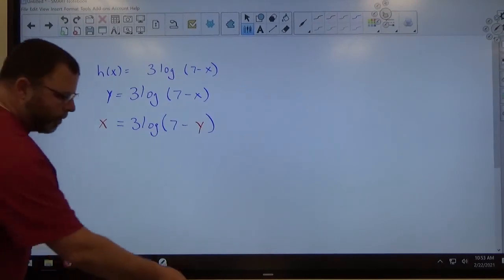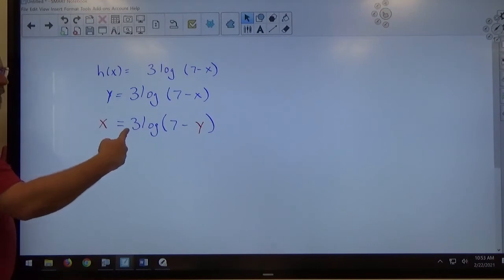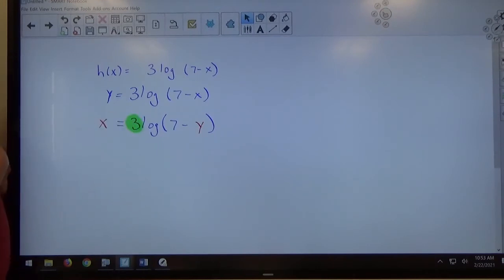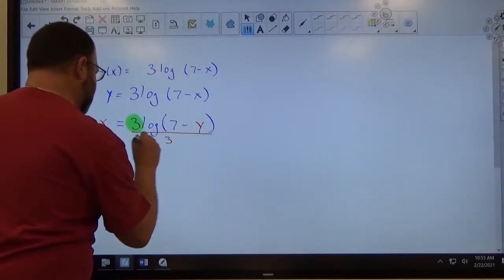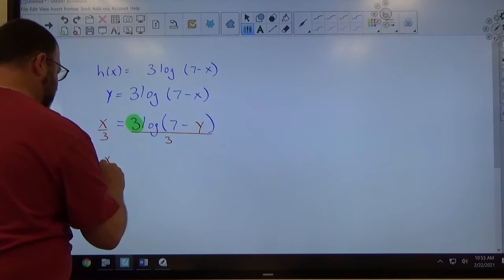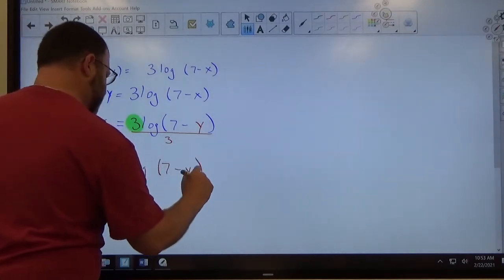The slight difference between this one and the previous one is I can't change this to exponential form yet because there's this 3 in front of the logarithm. I want the log all by itself equal to something. I don't care what the something is, but log all by itself equals something. So I'm going to do divided by 3 on both sides. So x over 3 equals log of 7 minus y.